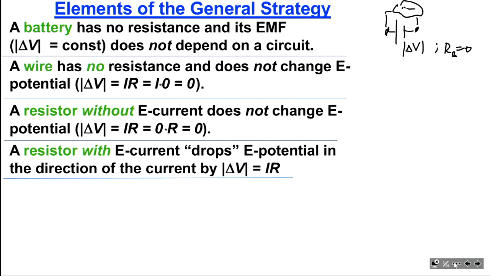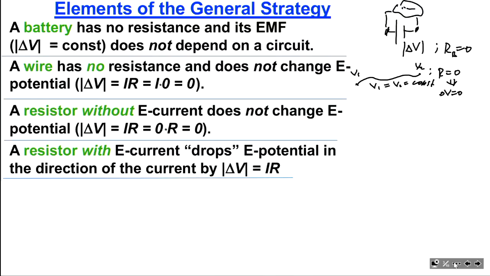Now, any ideal wire has no resistance, and if we apply Ohm's law to two ends or two points in a wire, because R equals 0, hence delta V equals 0, which means a wire does not change electric potential.